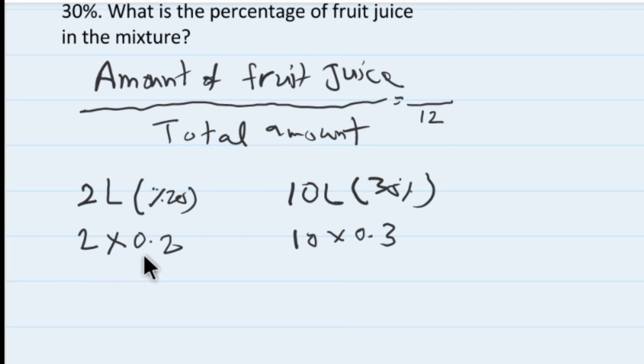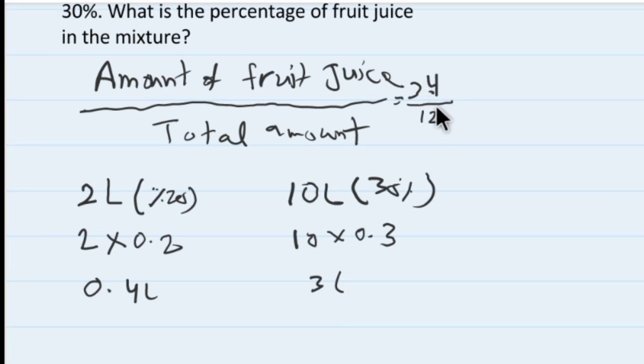So 2 times 0.2 is 0.4 liters and 10 times 0.3 is 3 liters. So the total amount of pure juice is 3.4 liters.